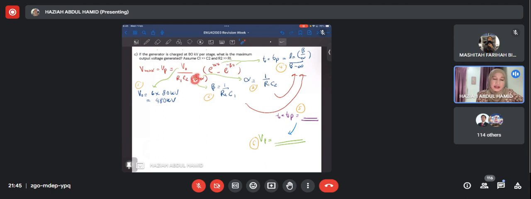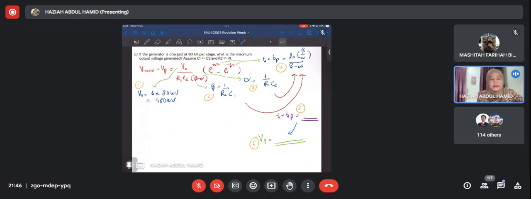Alpha dengan beta is given by this formula yang depends on the R dengan C juga. The goal here is to find the T when the V is maximum. So we must first find T peak, or T max dulu. Bila dapat T max, masuk balik dalam equation ni, kita dapatlah maximum voltage tu.